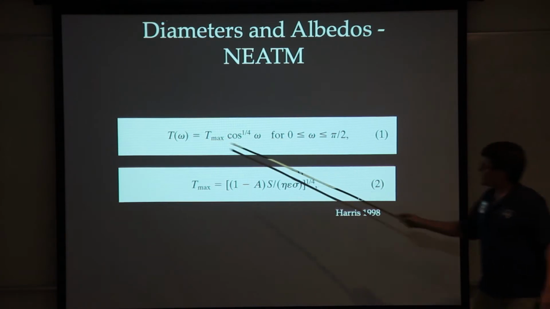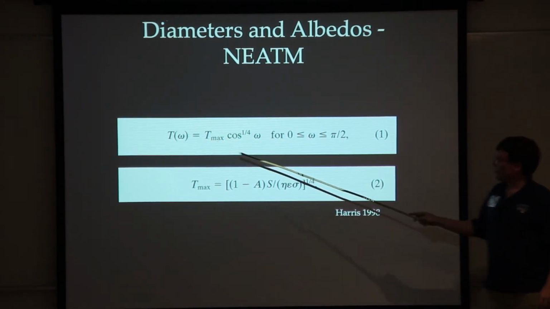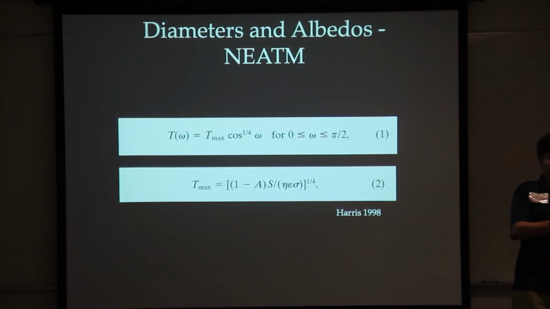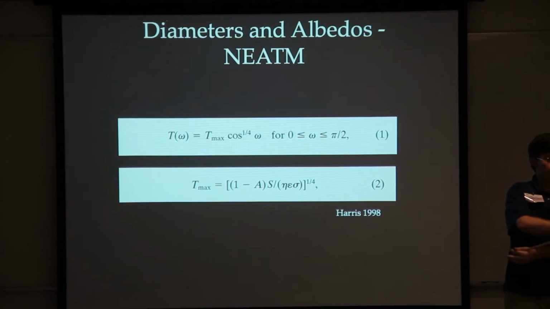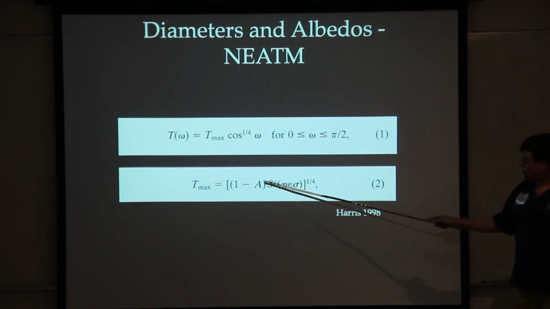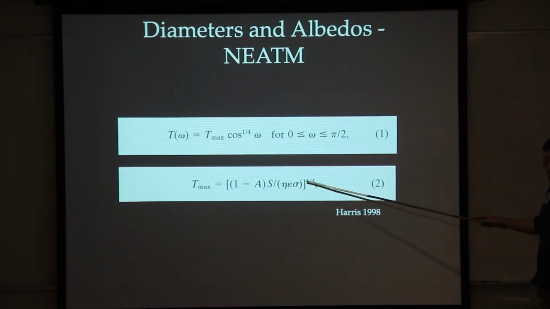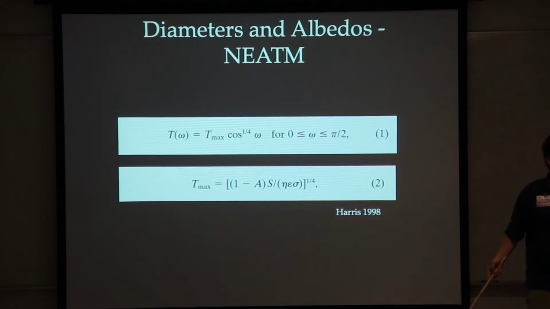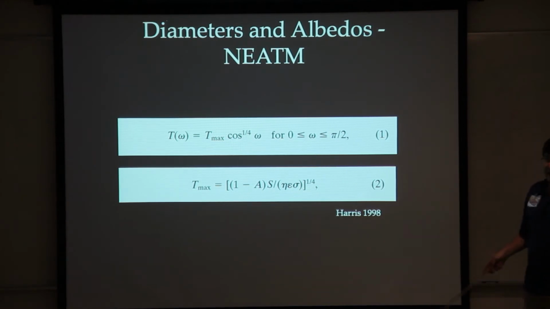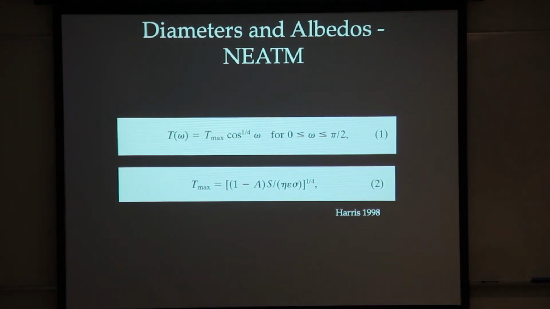So all it says is that you have a T max that's distributed as cosine to the quarter power, where omega is the angle from the subsolar point around the body. And this T max is just 1 minus your bond albedo times the solar flux. So you're calculating your T subsolar as you would in a standard physics equation, just with an added parameter, this eta, which he called a beaming parameter, and is effectively a fudge factor. It's a knob you can turn to correct for things we don't know about our model.